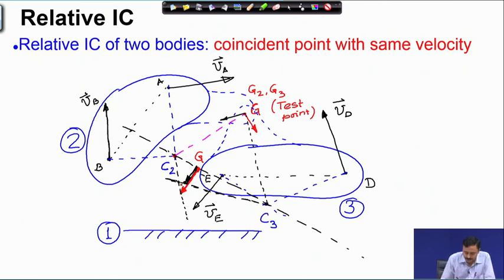Now, wherever they intersect, you can see that that must be the point G, where the velocity direction also matches as well as the magnitude also matches. So, this point G must be the relative IC of bodies 2 and 3, relative IC. So, this point G is the relative IC.